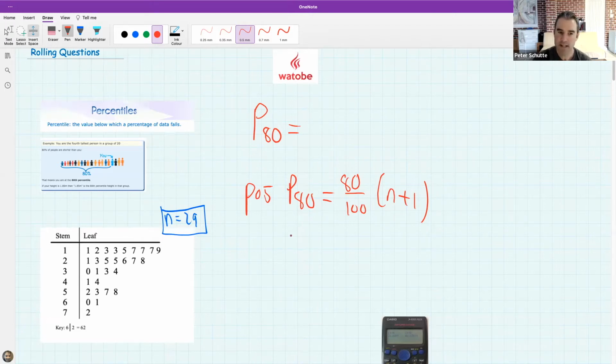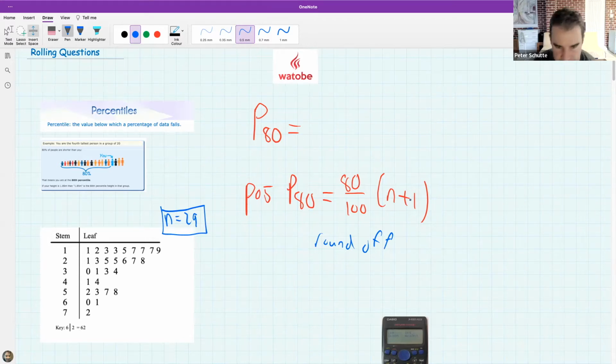The only difference between percentiles and quartiles is that when we find the position number with percentiles, we round off. So if I got, for example, 26.2 for my position, you round off to the nearest number, which would be 26. Whereas with quartiles, we were averaging between the two nearest values.